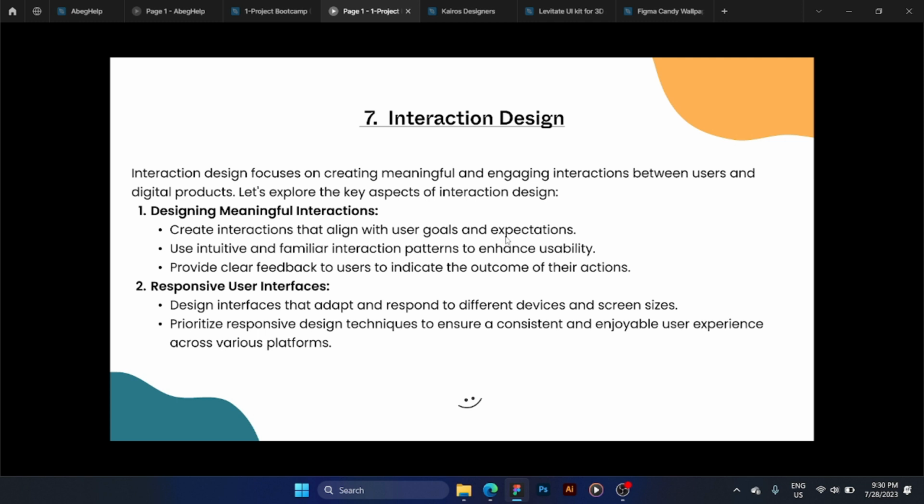There are some key aspects in interaction design which we must look into. The first one is designing meaningful interaction. What does this entail?